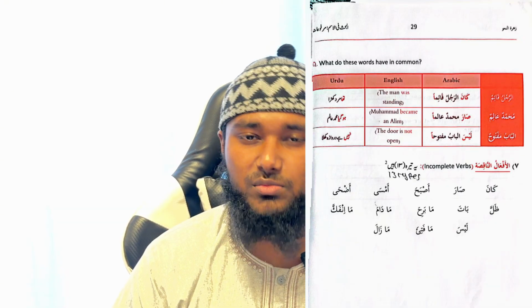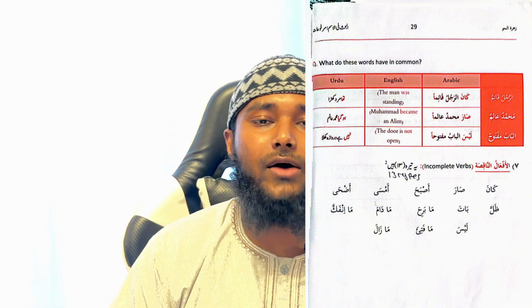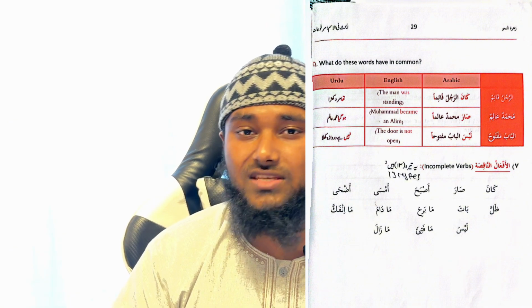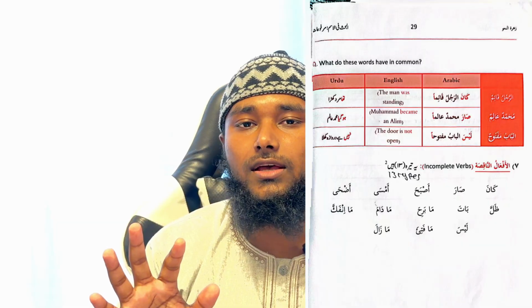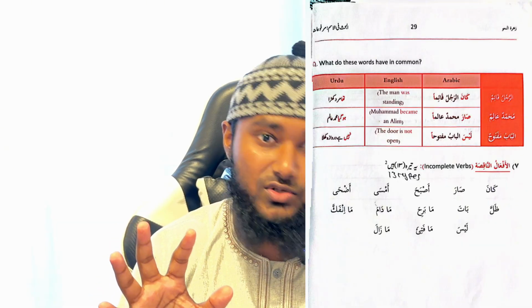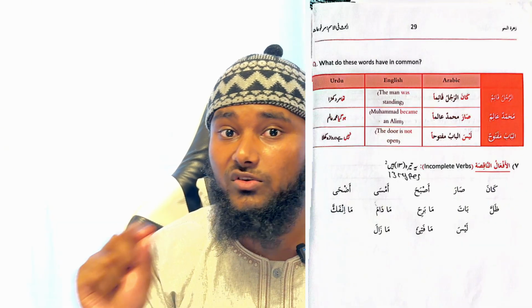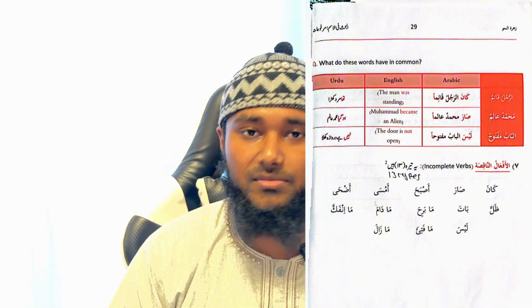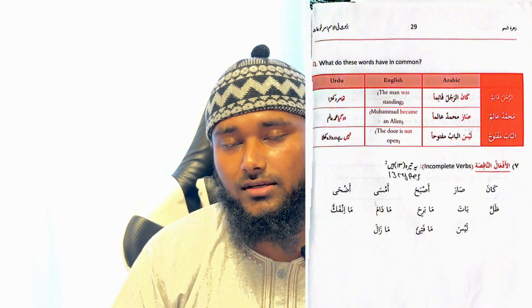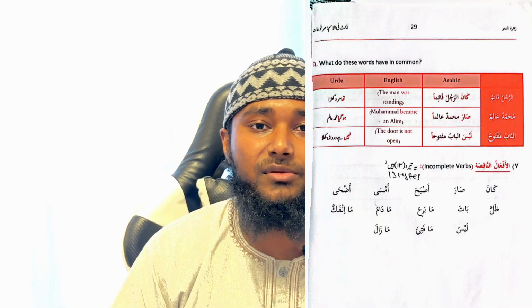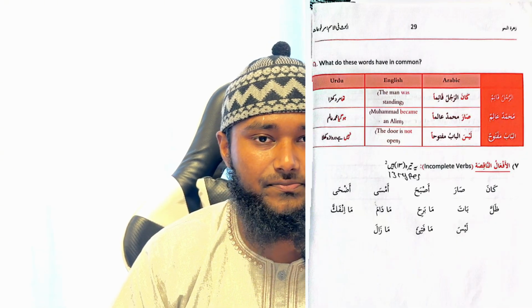Now if you add صار, we can see Muhammad is the subject, which is the mubtada, and then you have alim, which is the information, the khabar. If you bring صار into the mix and you say صار محمد عالما, that means Muhammad became an alim.